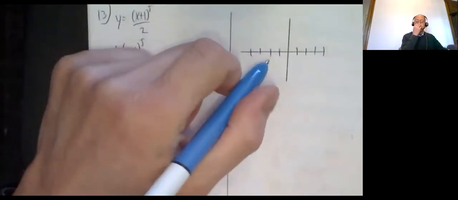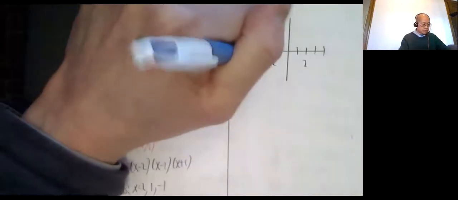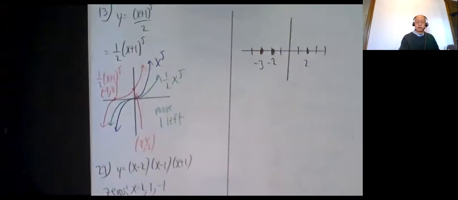So let's see, -3, -2, and 2. Okay, I'm not even putting any y coordinates. It doesn't really matter. So here's -3, here's -2, and here's +2. So 0 there, 0 there, and 0 there, right?